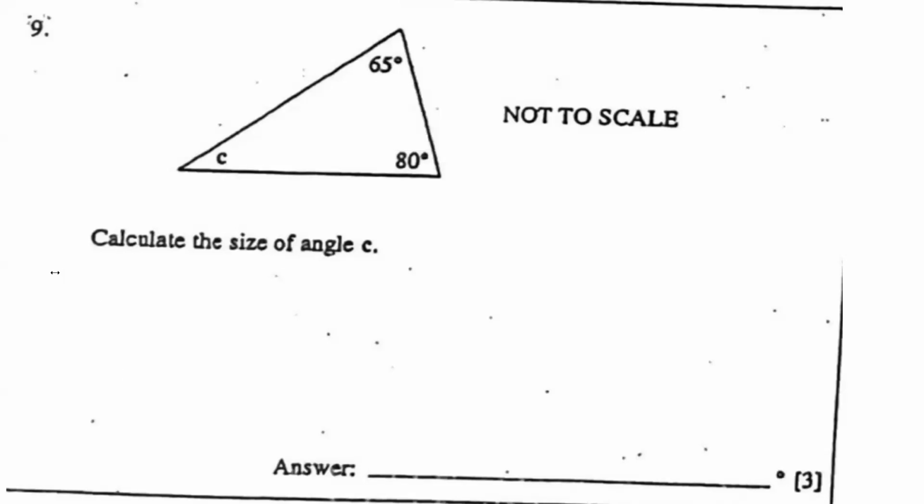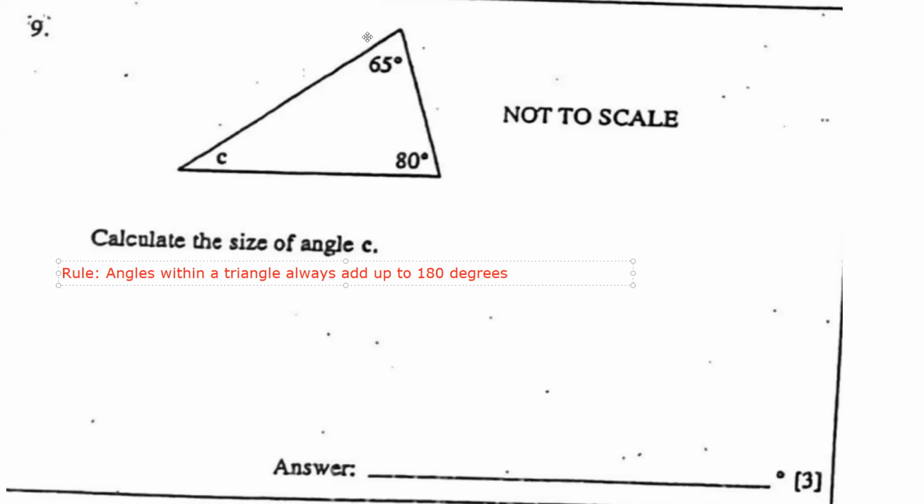The rule says angles within a triangle always add up to 180 degrees. So the sum of the angles in a triangle always add up to 180 degrees.